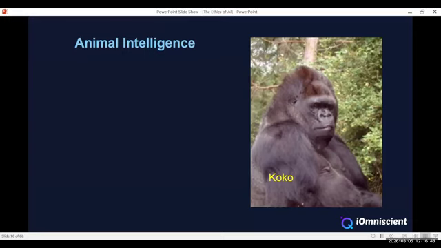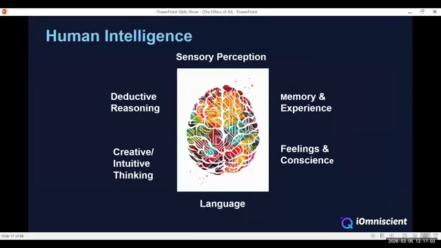And when they measured her IQ, the way humans measure IQ, she had an IQ of about 80, which is probably higher than a lot of humans that we know. So, what is human intelligence? Because that's what we're trying to emulate.